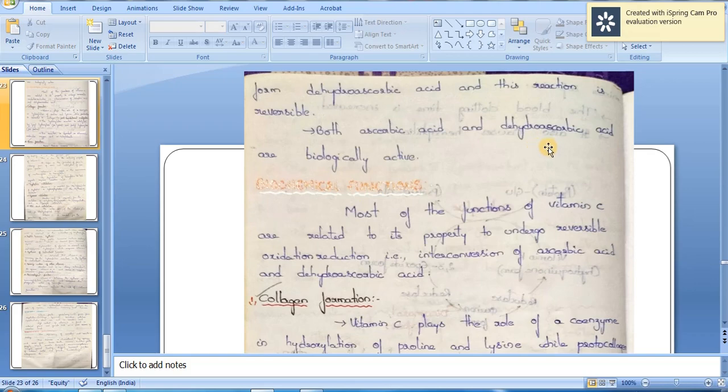Both ascorbic acid and dehydroascorbic acid are biologically active. However, D-ascorbic acid is inactive. The plasma and tissue predominantly contain ascorbic acid in the reduced form. The ratio of ascorbic acid to dehydroascorbic acid in many tissues is 15:1.